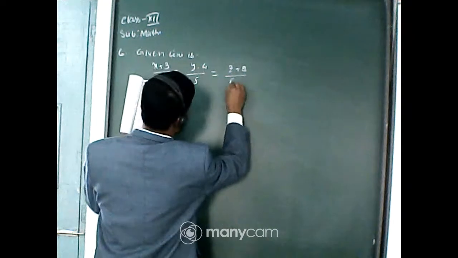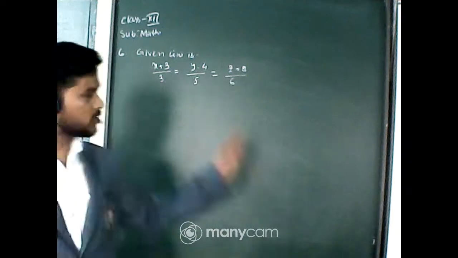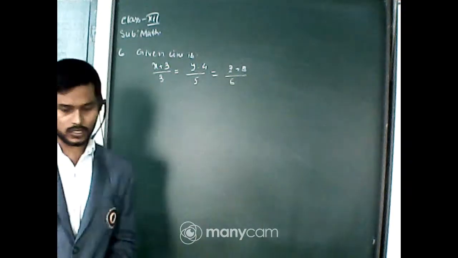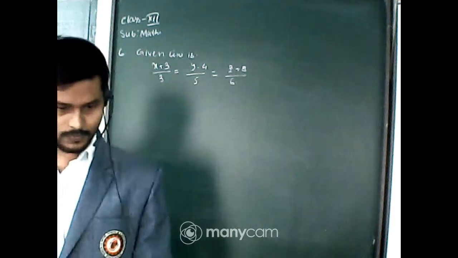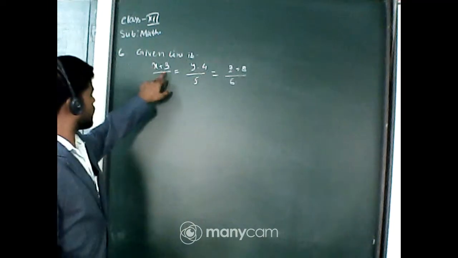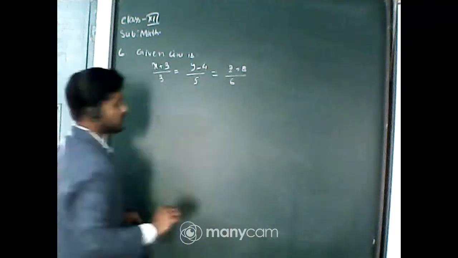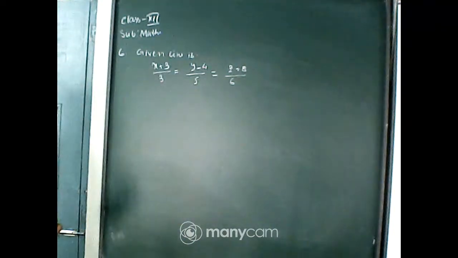Now tell me one thing, what is the direction ratio of this line? (x+3)/3, (y-4)/5 and (z-8)/6.